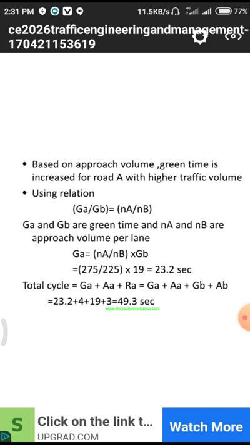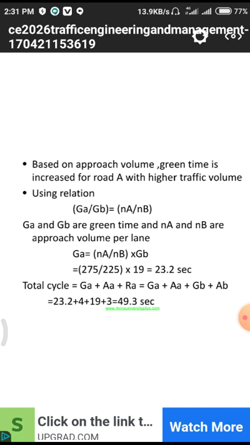After that, based on approach volume, the green time is increased for the road with higher traffic volume using this relation: GA by GB equals NA by NB, that is, the number of vehicles on A by the number of vehicles on B. Normally GA and GB are the green times for a road.